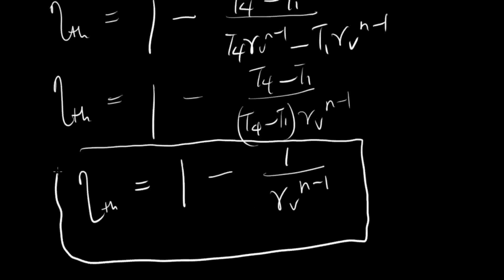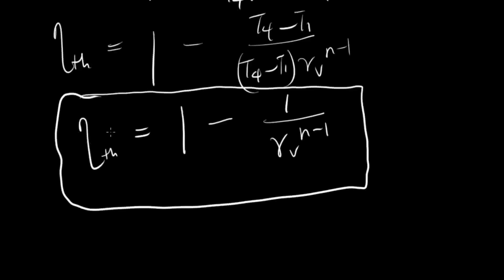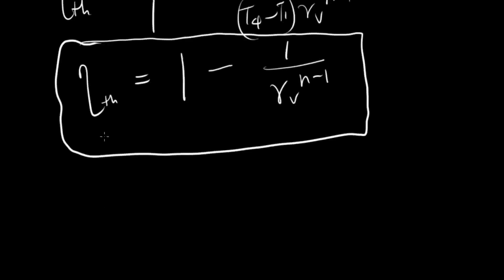So we are going to be using this to find our efficiency. Note, only and only if n is equal to 1.4 generally, because they might ask you a question, and in the question they might give you the values of n at compression and at expansion.